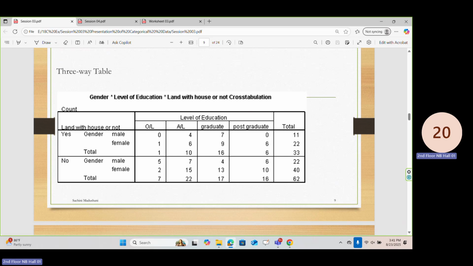Okay, they identify three types. Three categorical variables are there. Then this cross-tabulation we call a three-way table. We normally say contingency table also. Cross-tabulation and contingency table are similar. Remember those things. Sometimes we use the contingency table, sometimes cross-tabulation; both are the same. And this one consists of three variables.